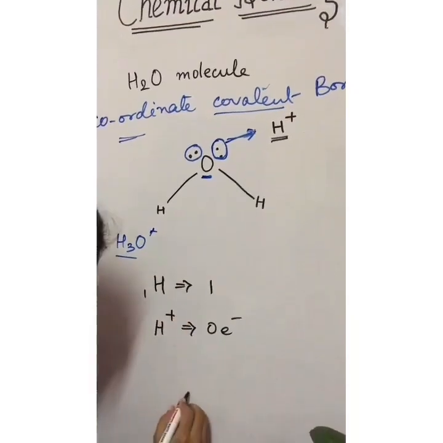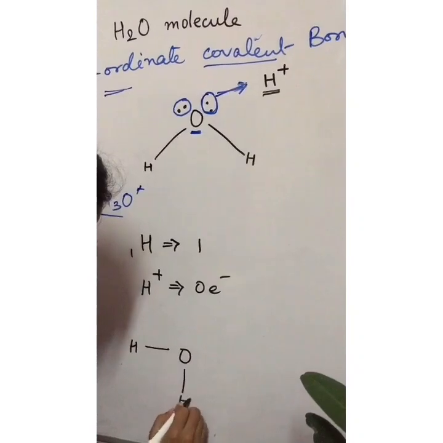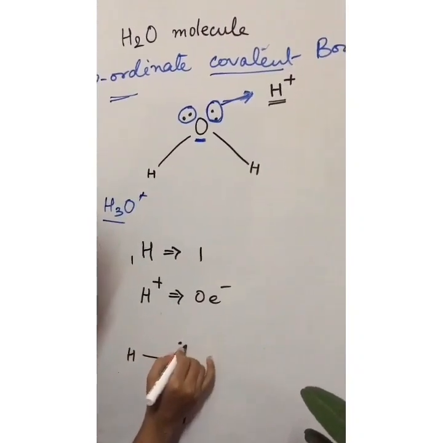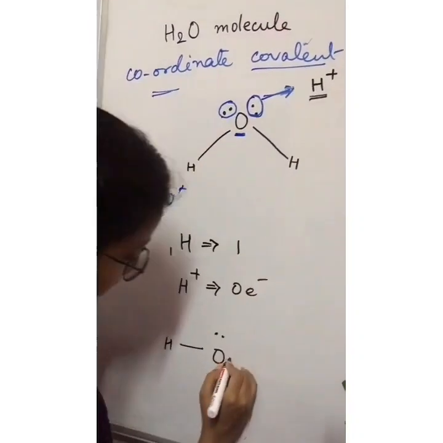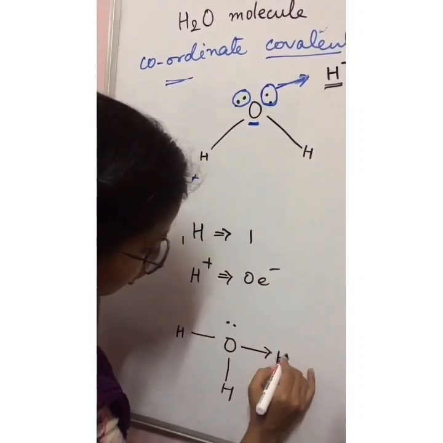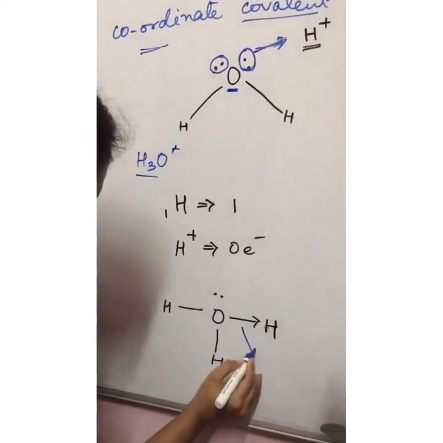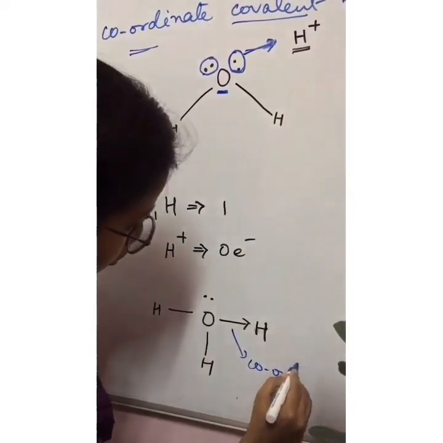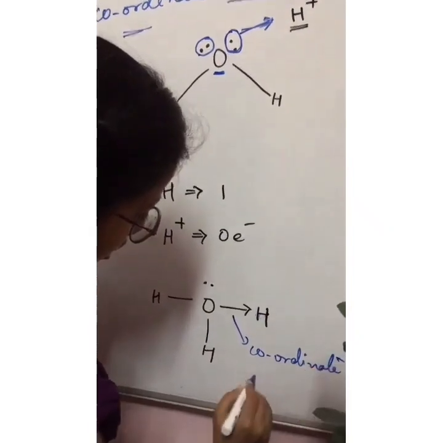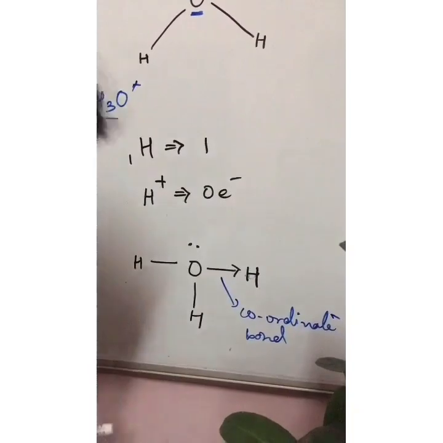So the structure is like this: oxygen, hydrogen, hydrogen single bond on one side, a lone pair remains as it is, and the other one is a hydrogen which is forming a coordinate bond. So this is the symbol for coordinate bond.